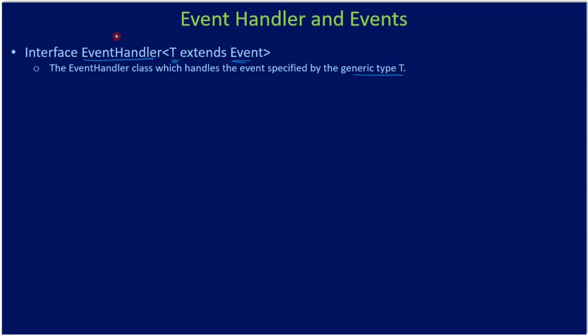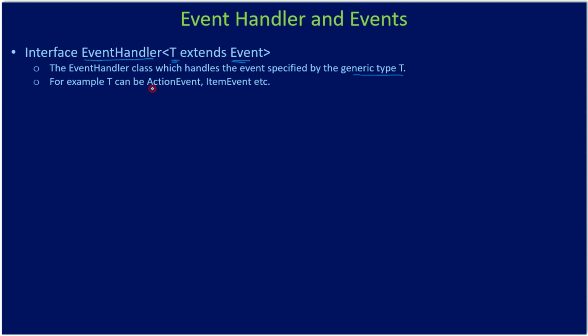Ultimately this event handler class will handle the event, and which event it will handle is defined by this generic type T. So it can be any type, say for example mouse event, action event, and the event will extend from the event class, which is defined by the JavaFX.